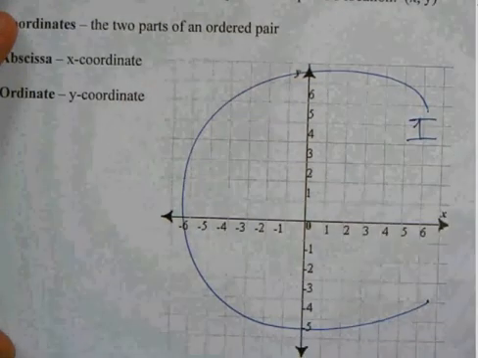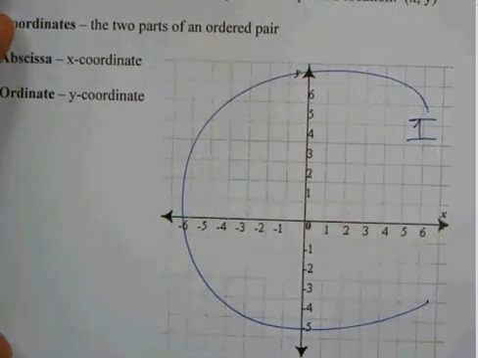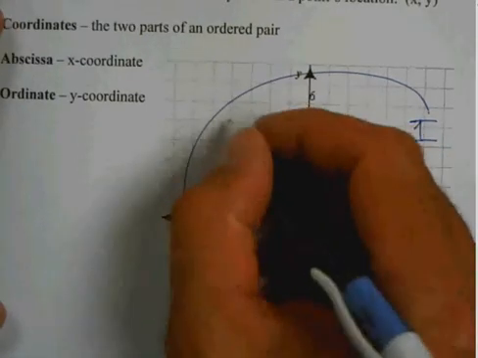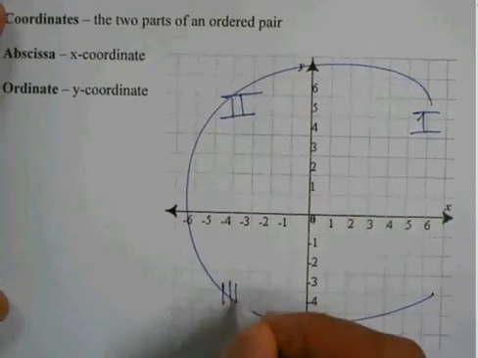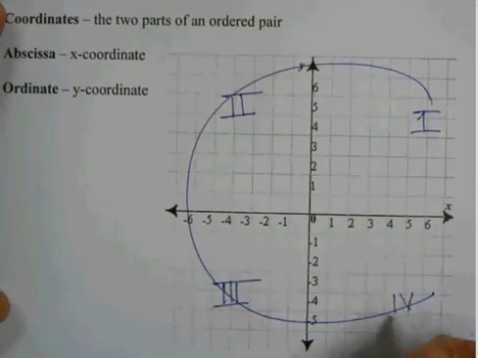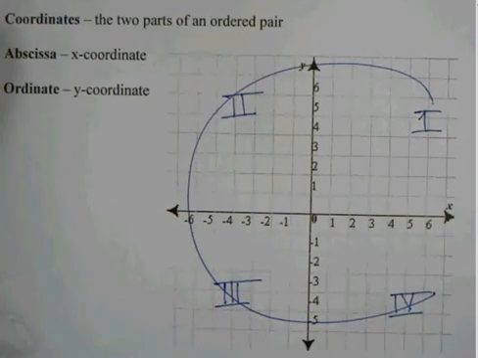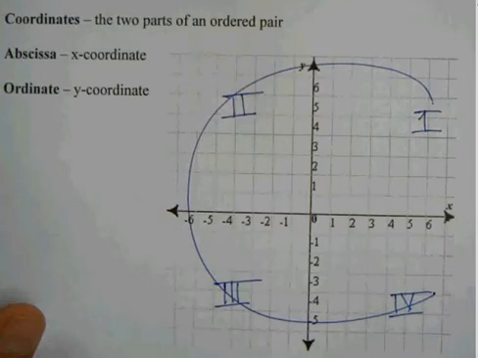We always write our quadrants with Roman numerals. Not sure why. I don't know. Makes it more legendary. Going across, that's quadrant 2. Going down, quadrant 3, and quadrant 4. So we go counterclockwise when we're writing the letter C. So if you do it correctly, you'll get a C.